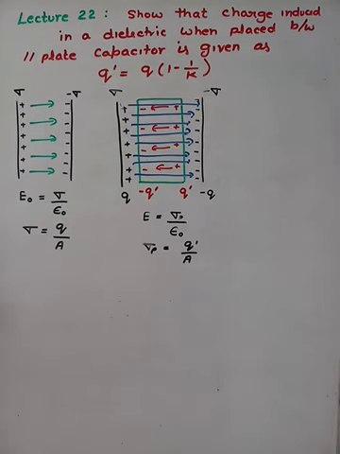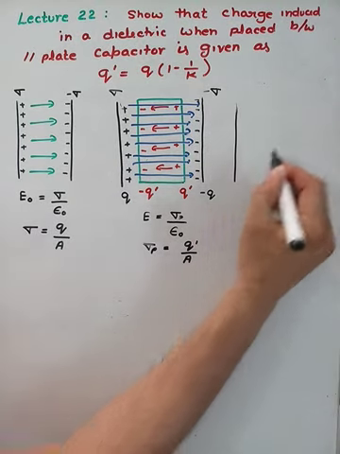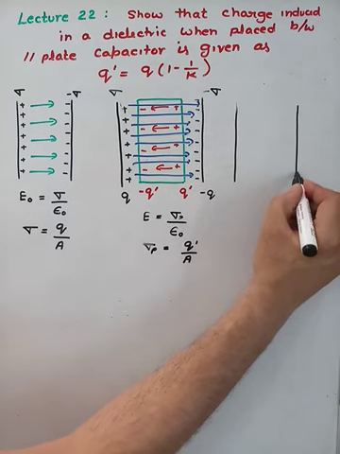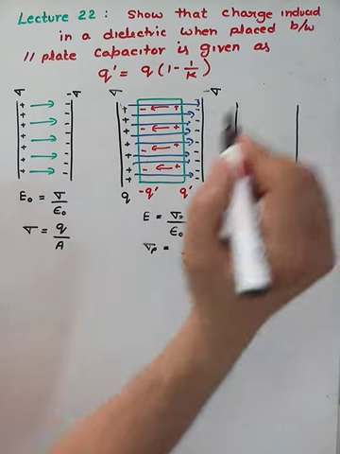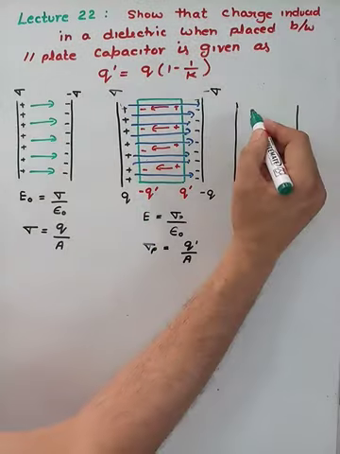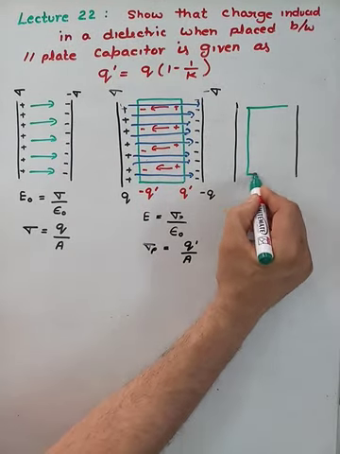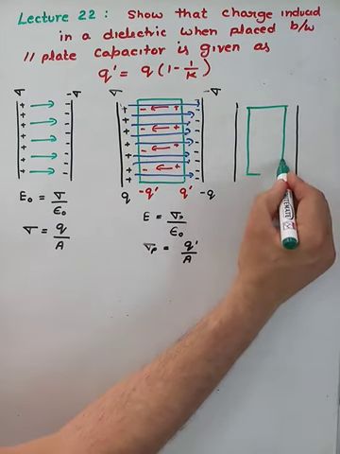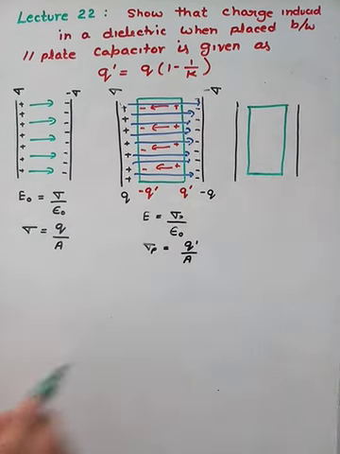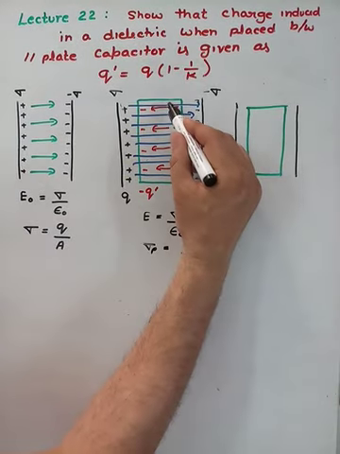Now if we consider a third case, in which we find the net field inside the medium. This is a dielectric medium, and you will find that this red and this blue will cancel out.